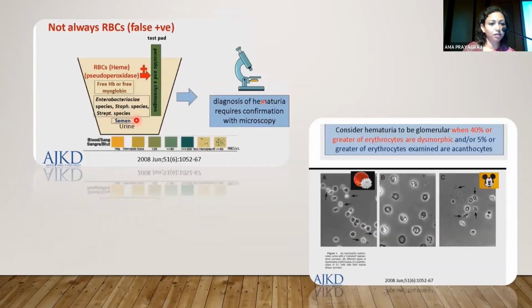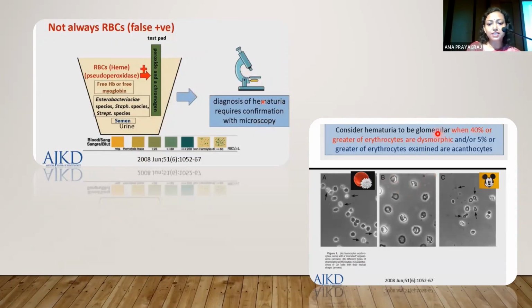So whenever clinicians are asking for the dipstick test for blood, they should always go for confirmation with microscopy, because free hemoglobin as a result of hemolytic anemia, or free myoglobin, can give a false positive test on the dipstick, and that has to be taken utmost care of.